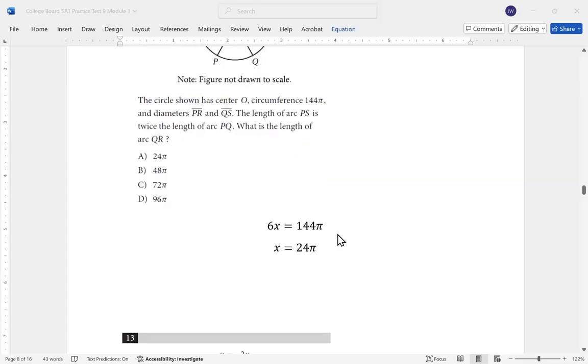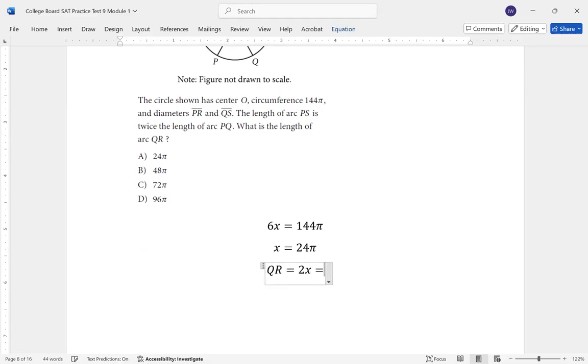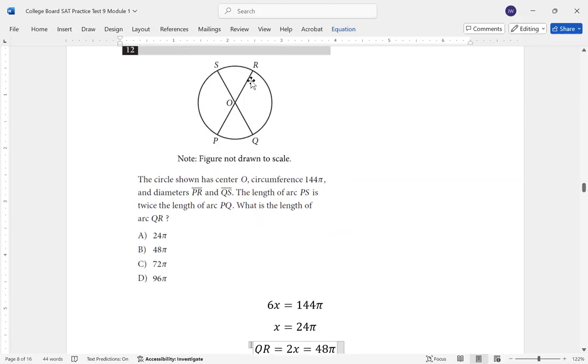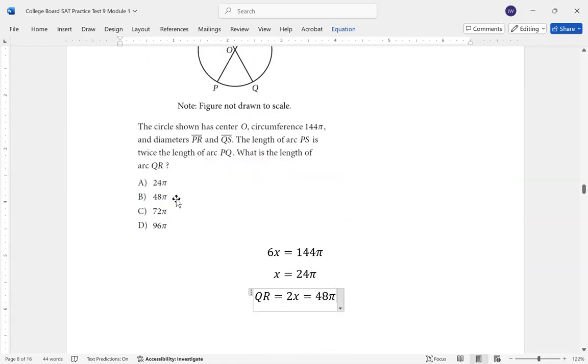So the length from Q to R is equal to 2X, which is equal to 2 times 24 pi, which is obviously 48 pi. So 48 pi is the correct answer, which is option B. Key there is saying that Q to R is 2X rather than X. So B is the answer.